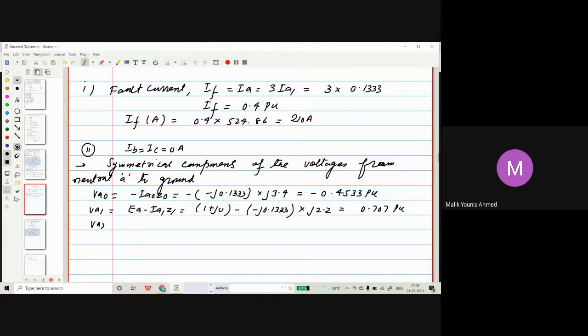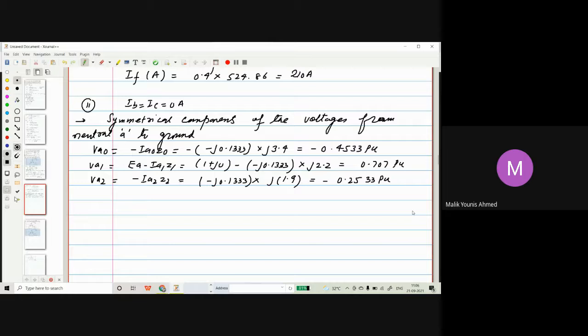Similarly, VA2 is minus IA2Z2. IA2 is going to be the same value, minus J0.1333 multiplied by Z2. Z2 value is given in the question, that is 1.9, which we have already calculated by adding the feeder and generator impedances, so 0.2533 per unit. So we have got the symmetrical components of the voltages.